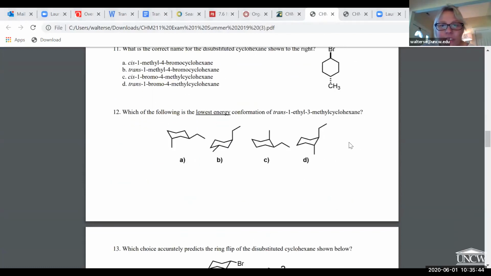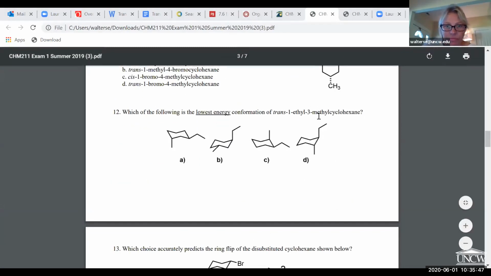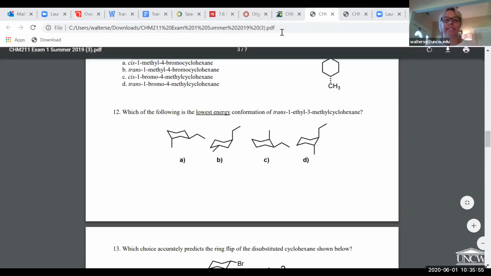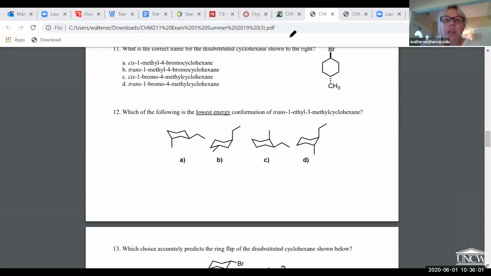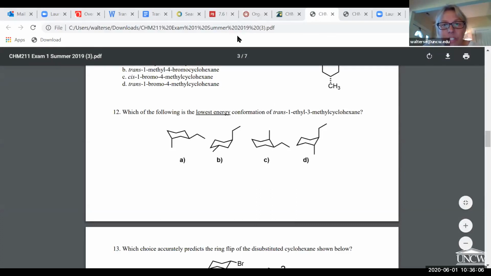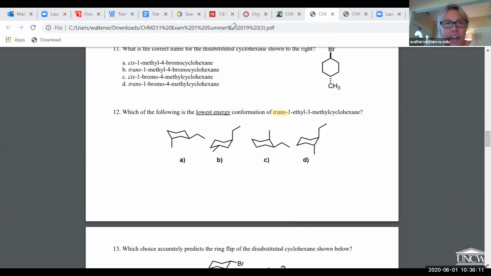So the first thing to do with these is to read the name, in little bits and pieces. The first thing I would do is look at the relative placement of the groups off the ring, which, based on this, is telling you it's trans. And then I would come down and underneath them, or on your paper, write, okay, so this is down, up, so that one's trans.